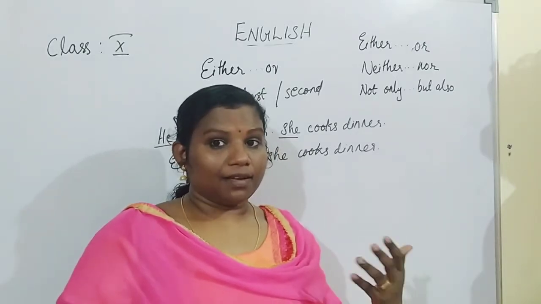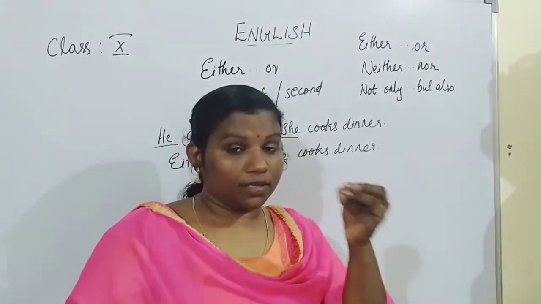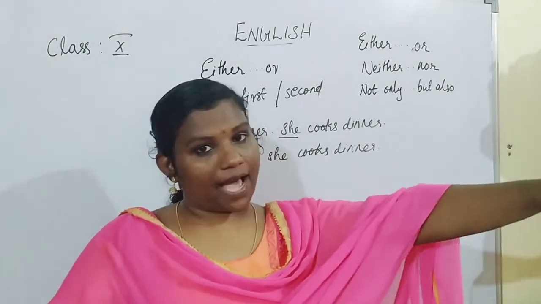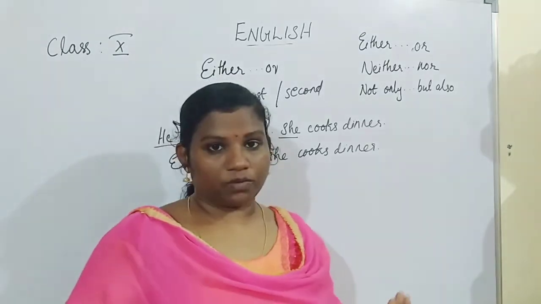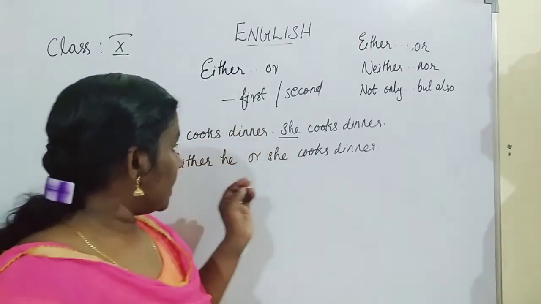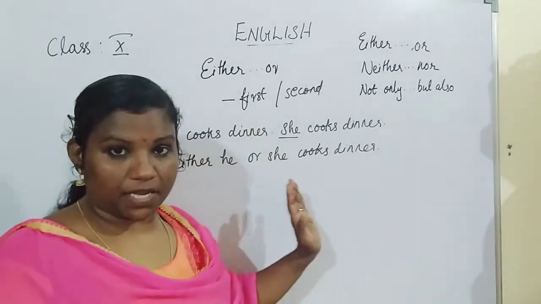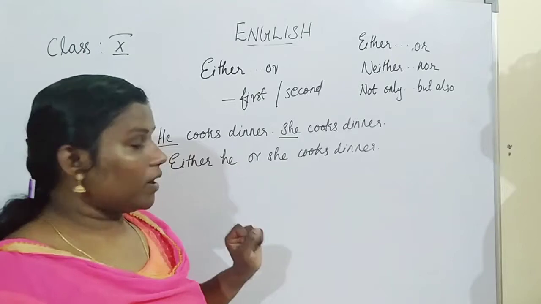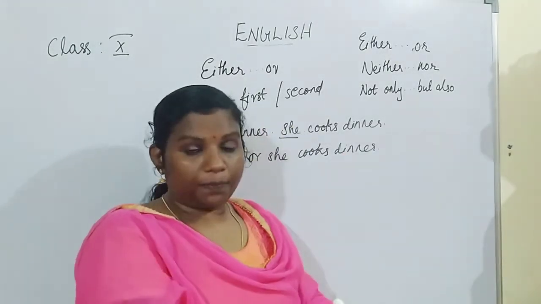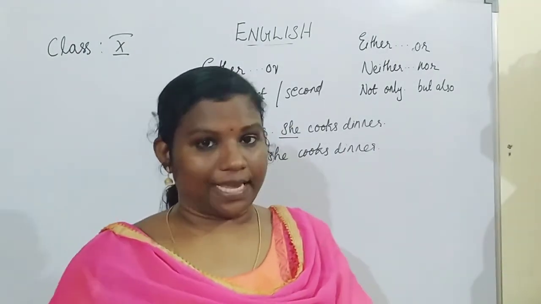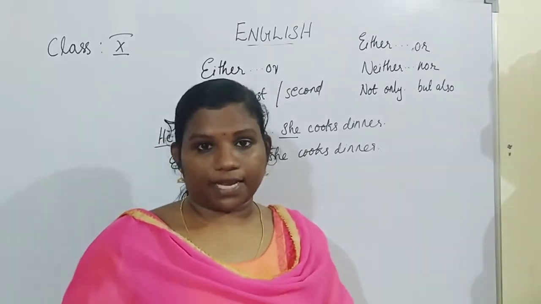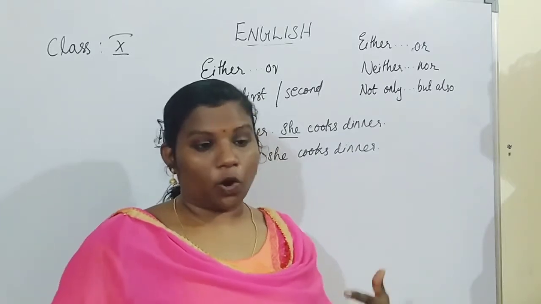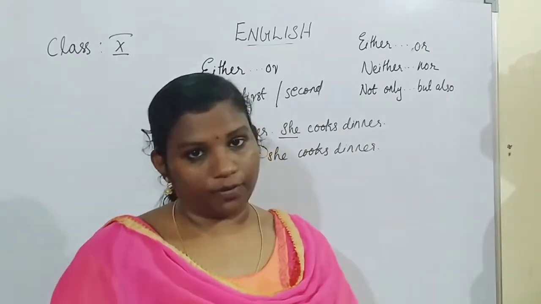The teacher is telling, either boys or girls can go to the playground. So when we are connecting subjects or verbs or objects with either...or, we are focusing on one person or the second one, first place or the second place, first thing or the second thing, or the verbs or the adjectives or the adverbs.